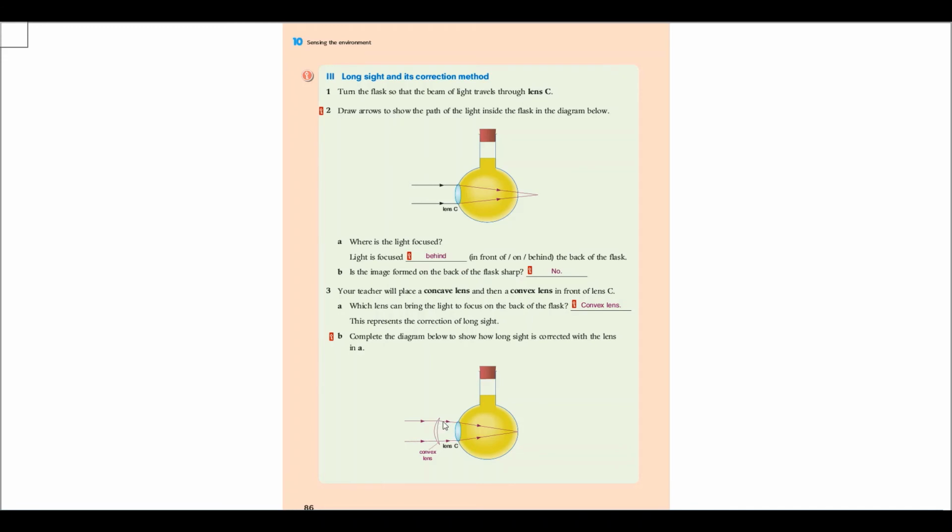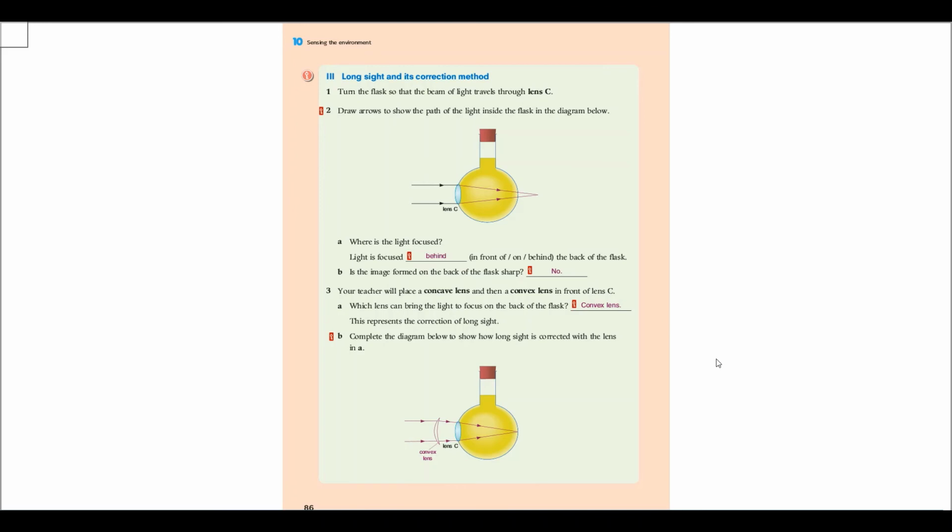So it's getting closer first, and then the lens changes the direction again to make it get closer again. It helps the light rays get closer together in a much faster way, so it can again form a sharp image at the back of the flask. This is how a convex lens is used to solve the problem of long sight. That means a thinner lens, like lens C.